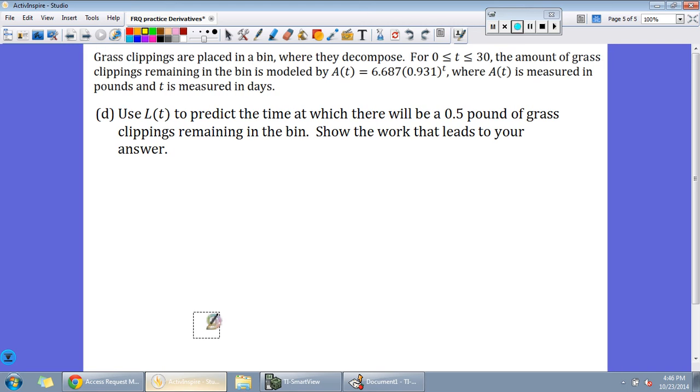Alright, for part D, they've asked us to use the L of t from last time to predict the time at which there will be 0.5 pound of grass clippings remaining in the bin. So we're going to have L of t equals 0.5.